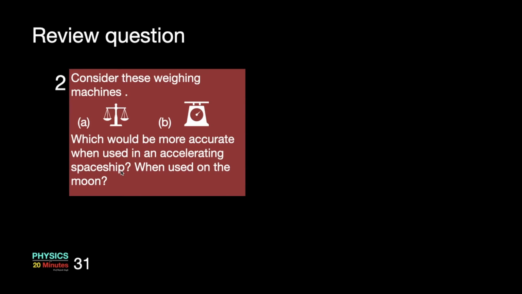So since the accelerations cancel out, it doesn't matter with what acceleration the spaceship is moving. You can compare the masses accurately with a beam in a spaceship because it does not depend on the acceleration. Acceleration cancels out. While here the calibration of the device requires a fixed value of acceleration.